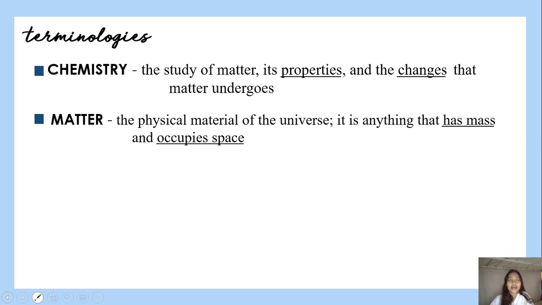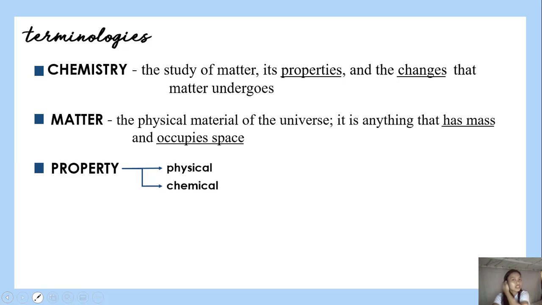Now to easily identify matter, it has this thing called its properties. So the properties of matter could be classified into physical and chemical properties.